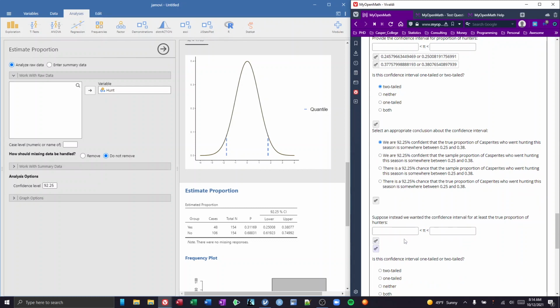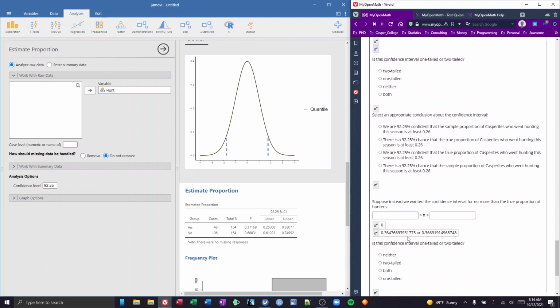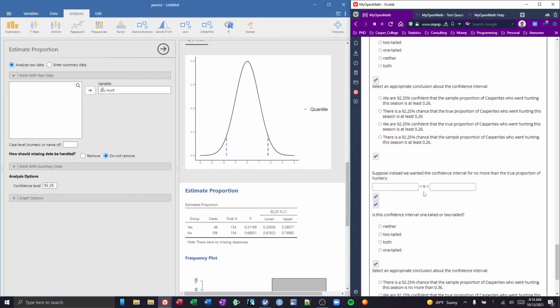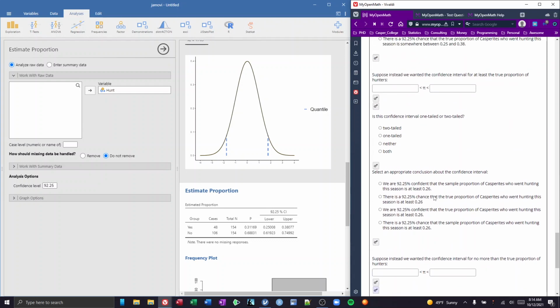Okay, so this next one, or these next two that we're going to do, we're actually going to do together. Let's read what the questions are. It says, suppose instead we wanted the confidence interval for at least what the true proportion of hunters is. So this is saying we want to see at least so many people in Casper went hunting.